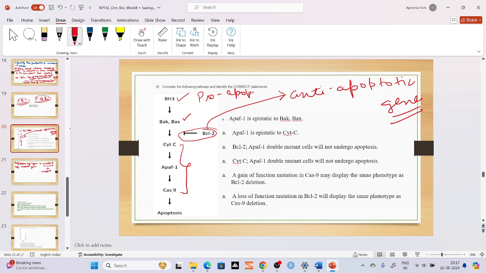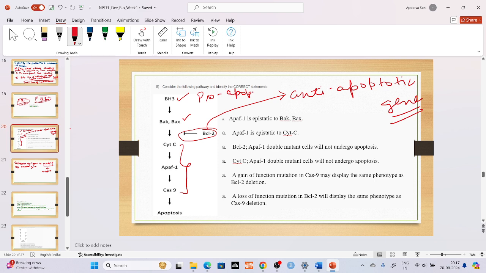But you see in this figure that it describes the situation that is actually happening. BH3 is getting converted to BAX, BAX is getting converted to cytochrome C. But BCL2 comes here and stops the process. But even then, APAF1 is able to activate Cas9 and apoptosis is happening.